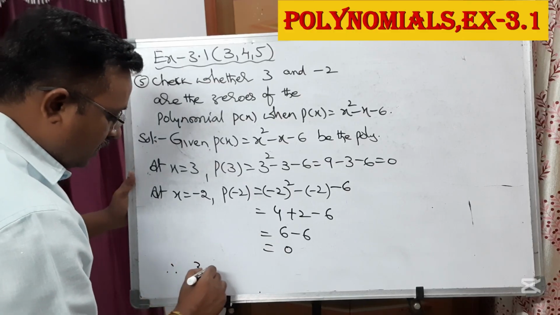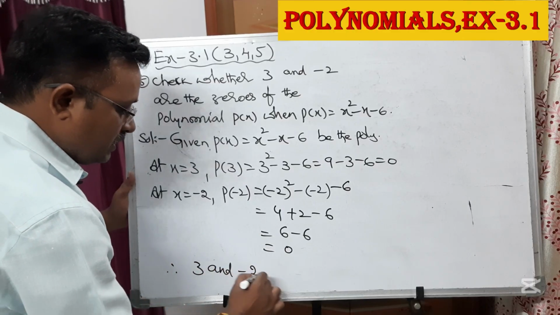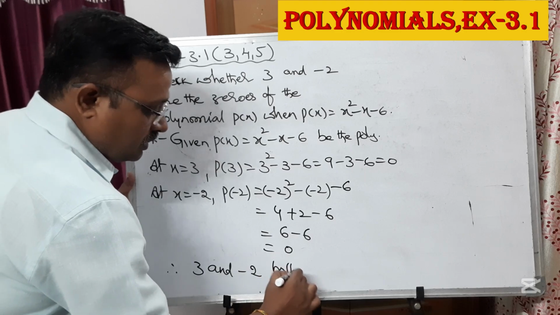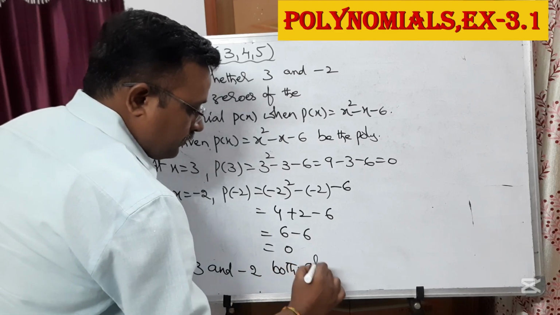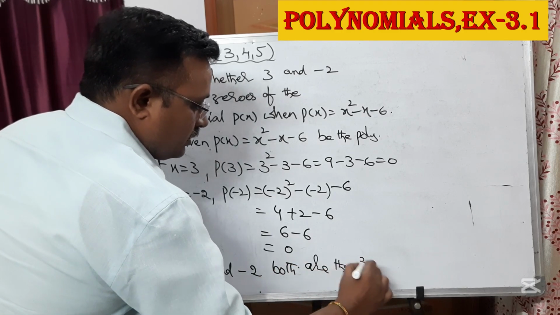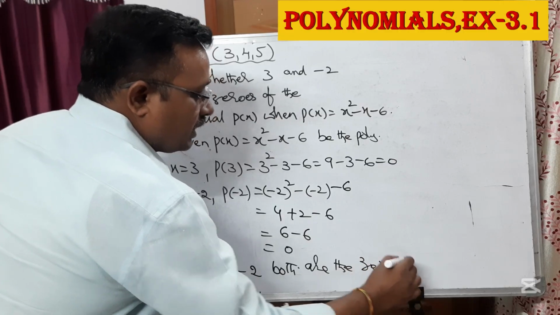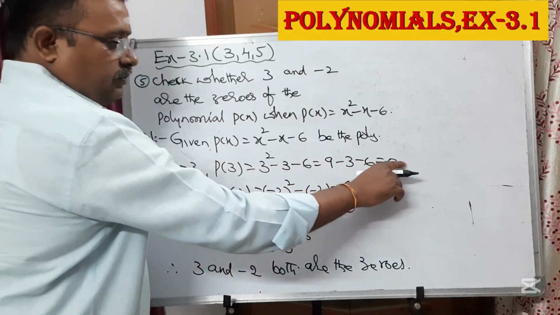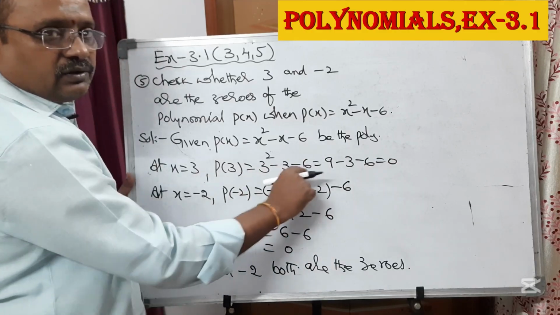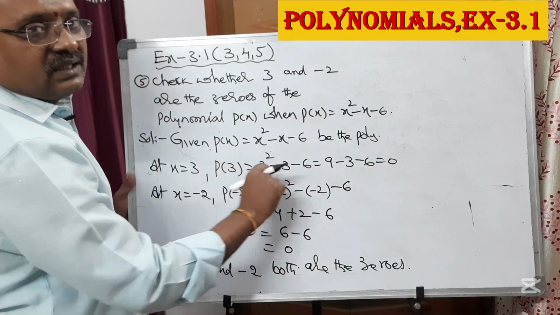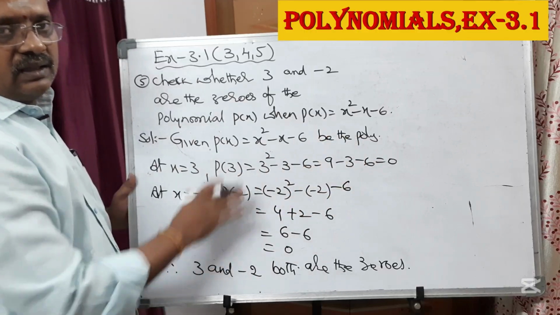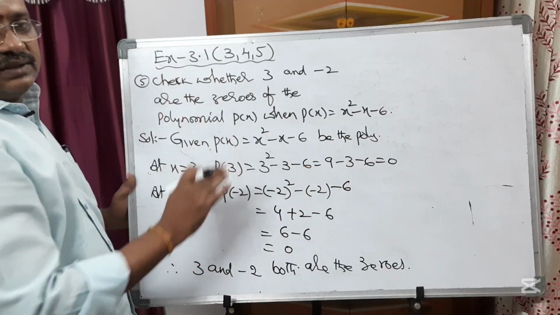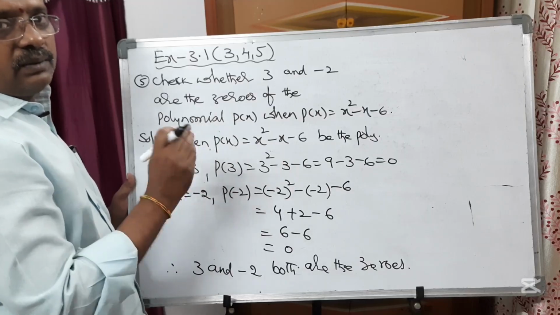Therefore 3 and minus 2 both are the zeros. Like this also you can write, or after the conclusion of polynomial value 0, here also you can write, therefore 3 is the 0 of the polynomial, like that. Okay Nana? This ends first exercise with simple very important problems.